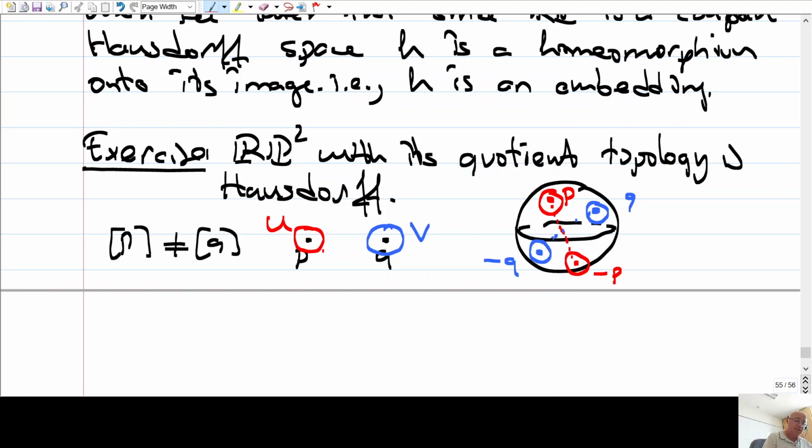These are open sets because their inverse images are open. And since their inverse images are disjoint, U and V are disjoint. Okay, so RP2 is really Hausdorff.